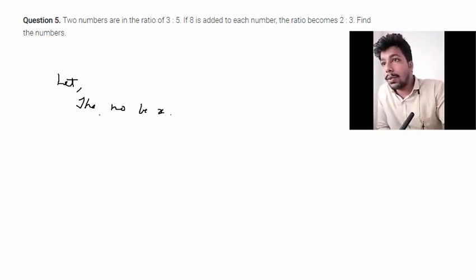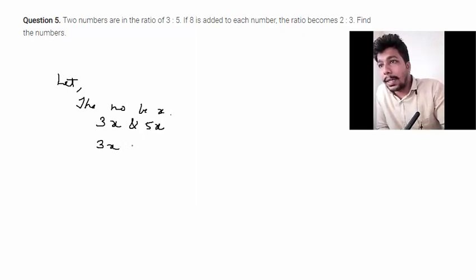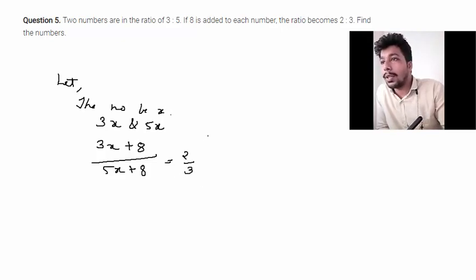So we have the ratio, that is 3x and 5x. Okay, now if we add 8 to 3x and 8 to 5x, we'll get 2 is to 3 according to the question.